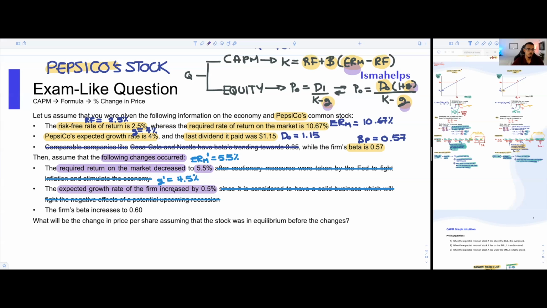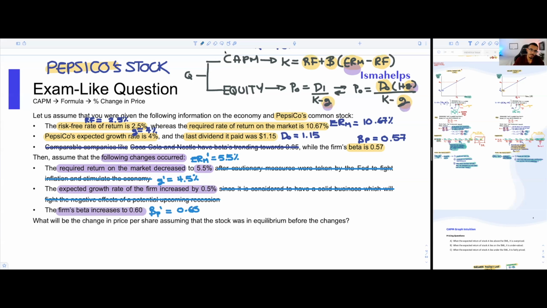And the last bullet point is telling you the following. The firm's beta increases to 0.60, such that the beta of the firm is equal to 0.60 in the changes, when those things occur, okay?